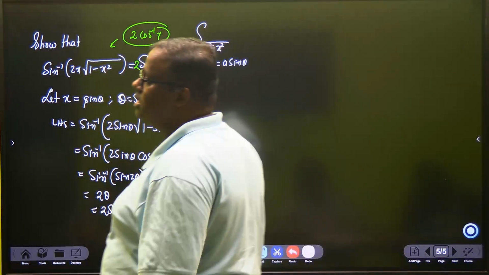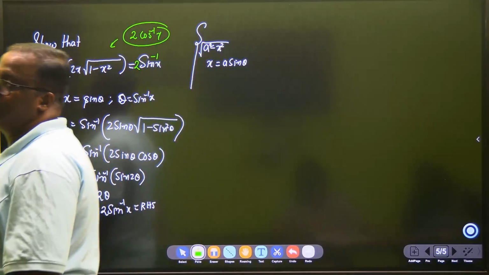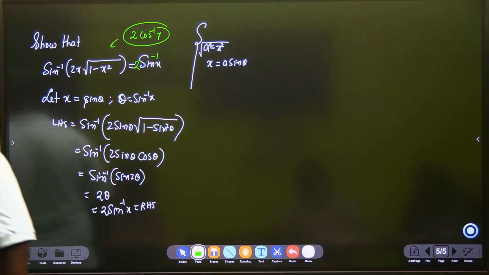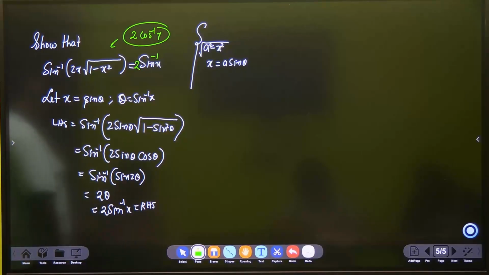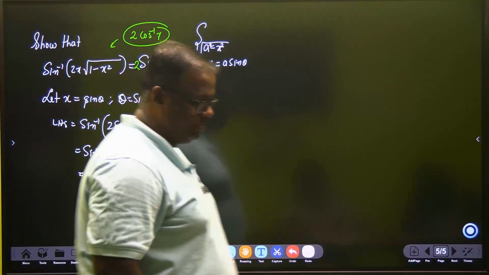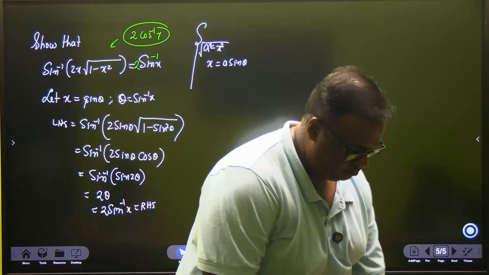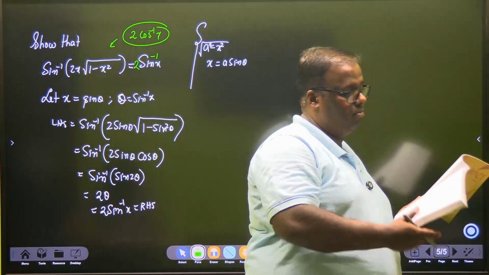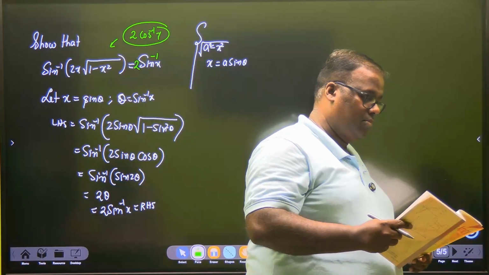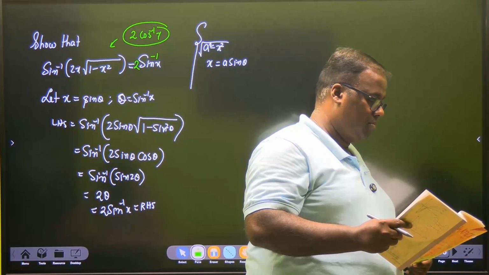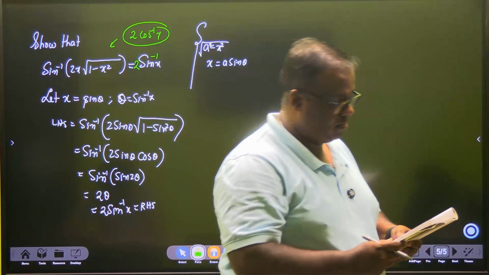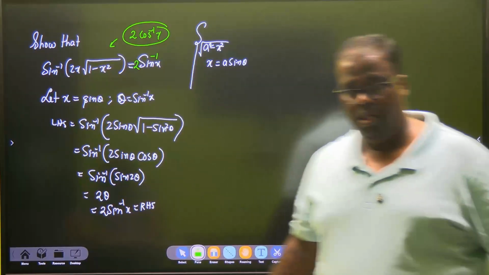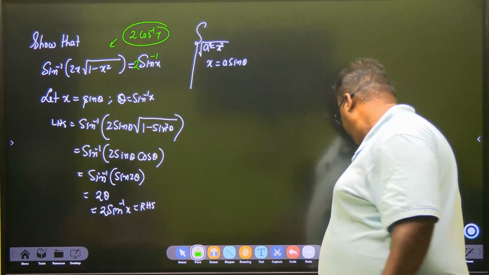So it will become 2 theta. This time theta is cos inverse x. Done?